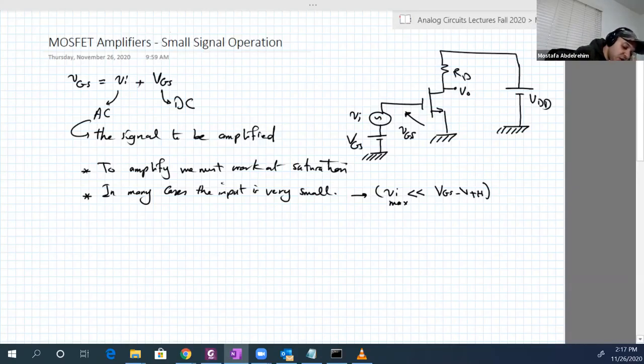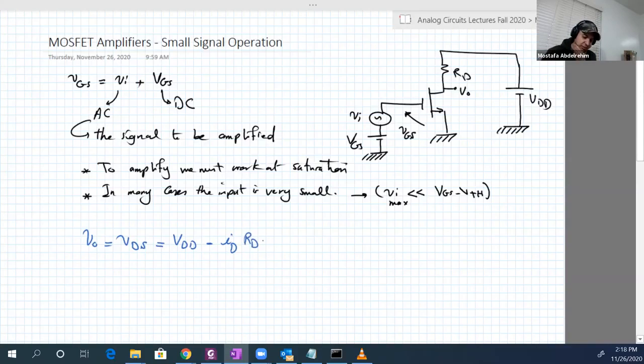Okay, good. VO or VDS, v_DS capital, because now the voltage at the drain-source has a DC part and an AC part, is equal to VDD minus i_D, because the current is now changing as the input varies, so VGS is varying and ID has two components, one AC and one DC, multiplied by RD.